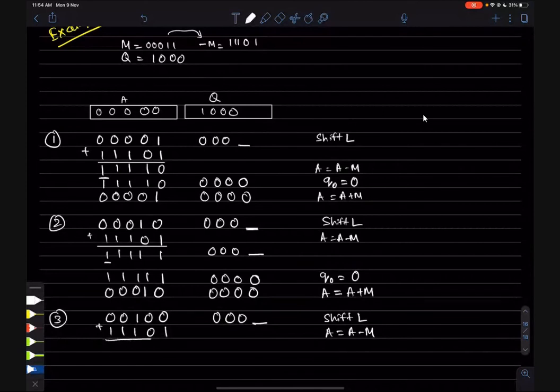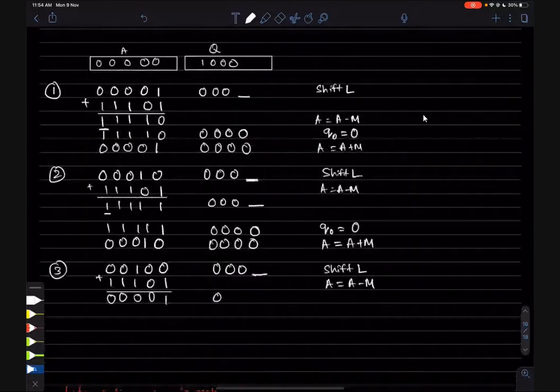This is your minus m. The result is 1 plus 1 is 0, 1 plus 1 is 0, 1 plus 1 is 0, and a carry that we cannot store, because our register is 5 bits long. So this carry will be discarded. So this is your a is equal to a minus m result, and this is 0 0 0 and blank.